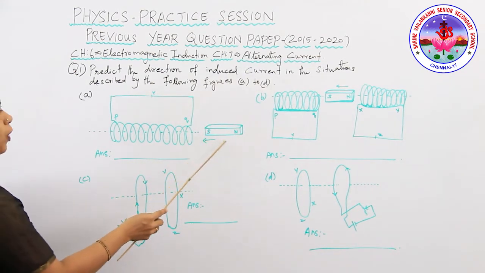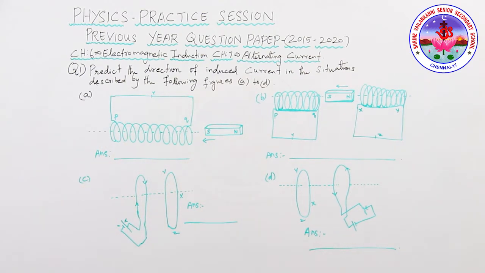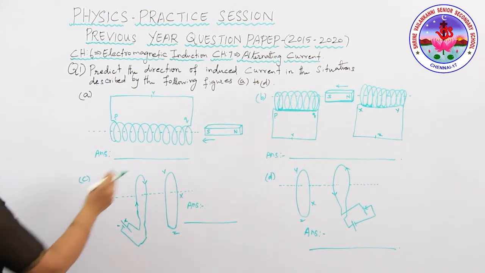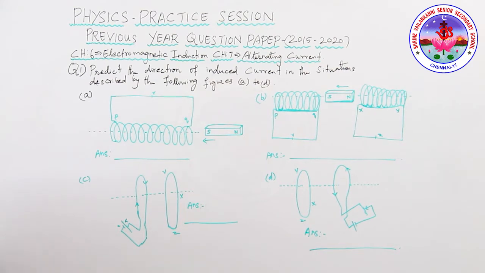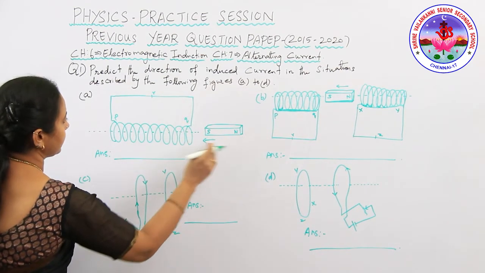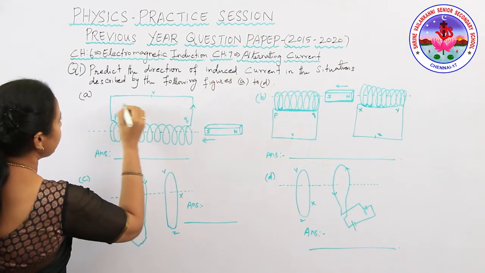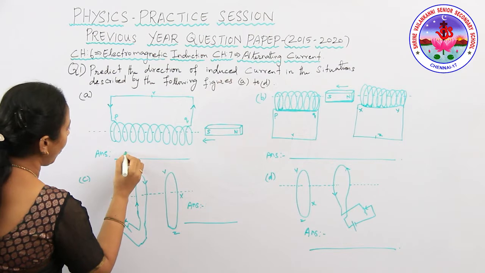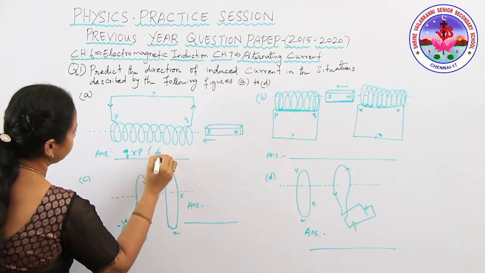And here the south pole is moved inside and away. By applying Lenz's law, we can easily say that for the first diagram, the induced current is described from the direction of Q or P, right? Because the south pole is going inside. So we can say the direction given is Q or P.